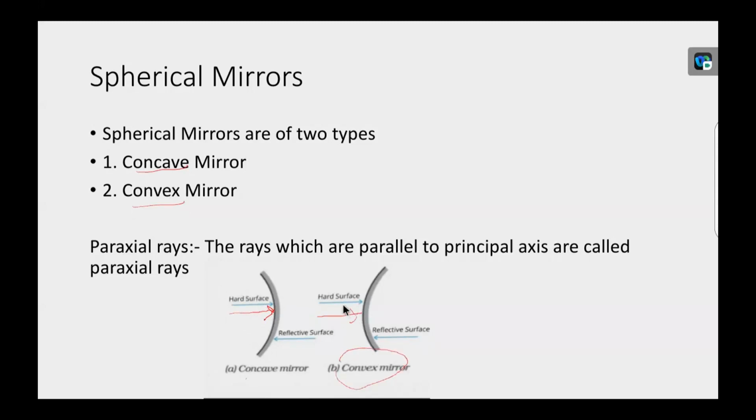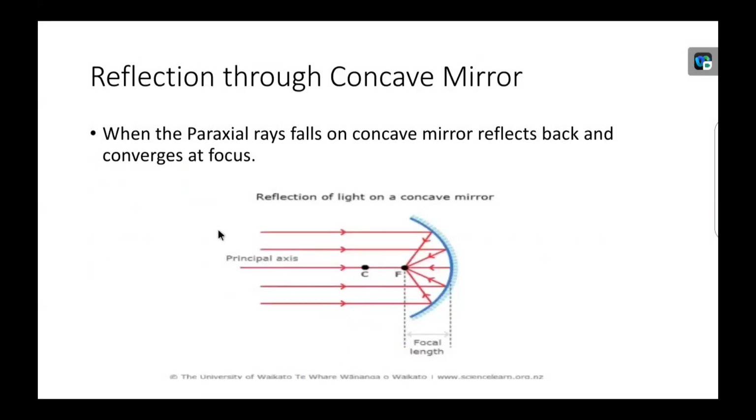Now, what happens when light rays fall on either a concave mirror or a convex mirror? We have to find the focal length of both mirrors, concave as well as convex. Before starting, we should know the meaning of paraxial rays. Here we have a diagram, reflection through the concave mirror, in which we have used the word paraxial rays.